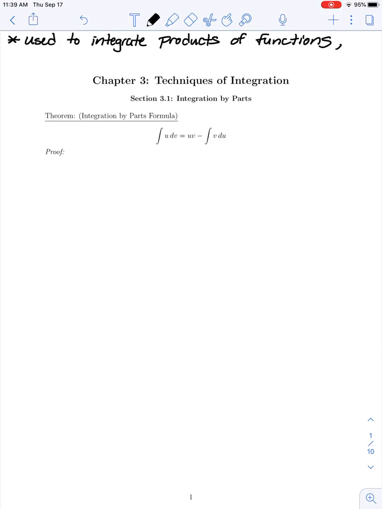Also, we would use this for logarithmic functions. If we're trying to integrate something involving, say, a natural logarithm and a substitution doesn't work, then we might make use of integration by parts. Or we could use this technique to integrate inverse trig functions.